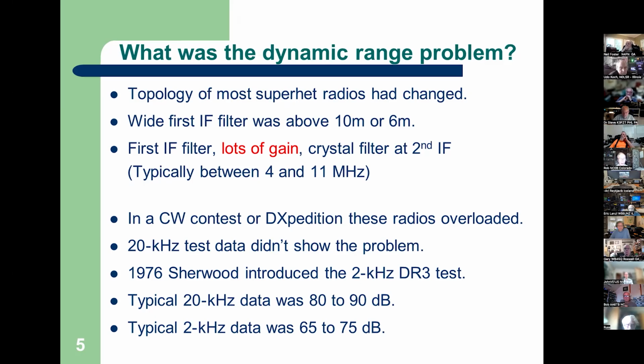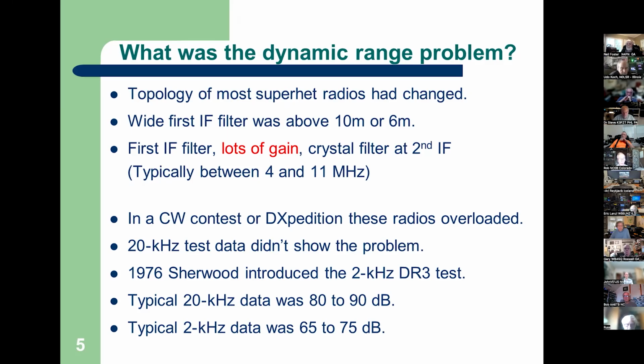So in this environment with really big signals, and you guys on the East Coast will have it worse than here in Colorado, and if you're in Europe, of course, it's even worse if you're on 40 meters, the 20 kilohertz test data that appeared in the periodicals didn't show the problem. So I just squeezed those two test signal generators to 2 kilohertz apart instead of 20, which meant for most of these radios, the two test signals made it through the roofing filter.